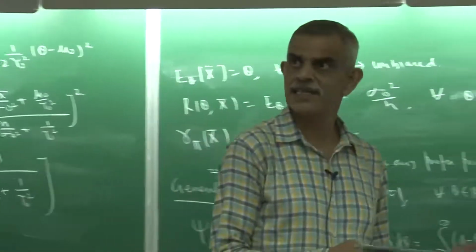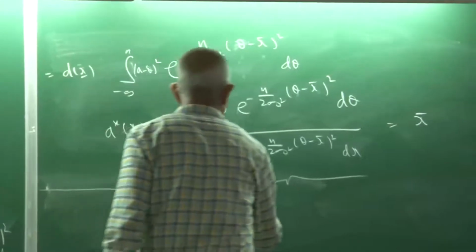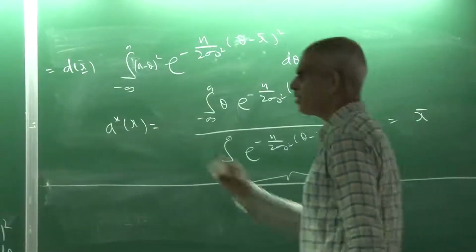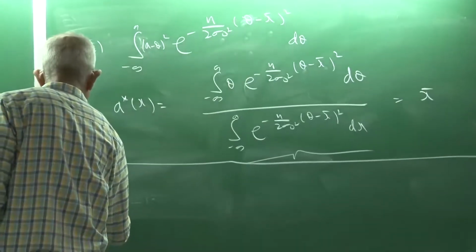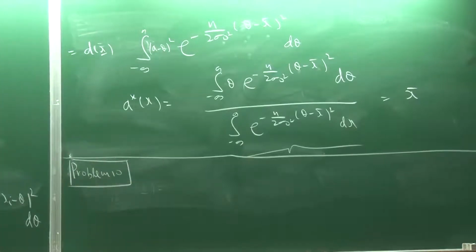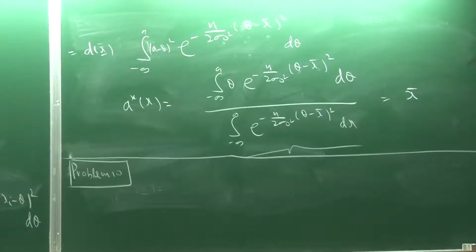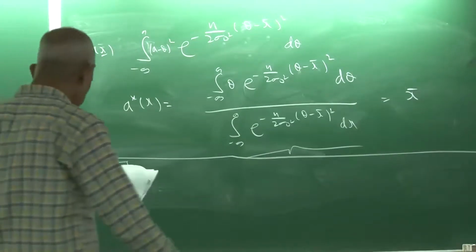Now let me go quickly to problem number 10, which deals with a similar kind of thing, because I can use the same. Let me write down this problem number 10. So let's see what problem number 10 says. I do only one part of it because the minimaxity I have not covered, so I will not do the minimaxity part of it.